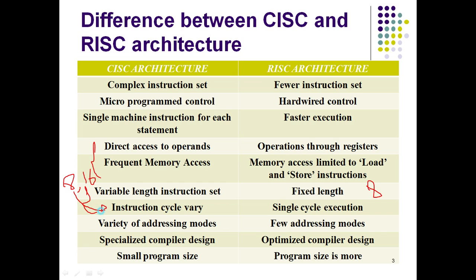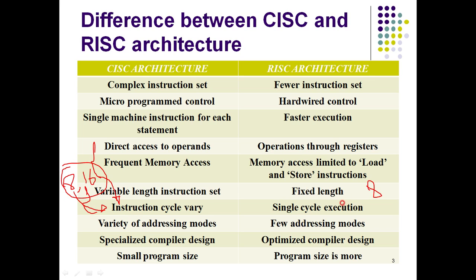That is, the number of times I need to go to memory will be different. And if I want to fetch a 16-bit instruction, then the instruction cycle will be different. So the instruction cycle will vary as and when the instruction length varies. I hope this is clear.